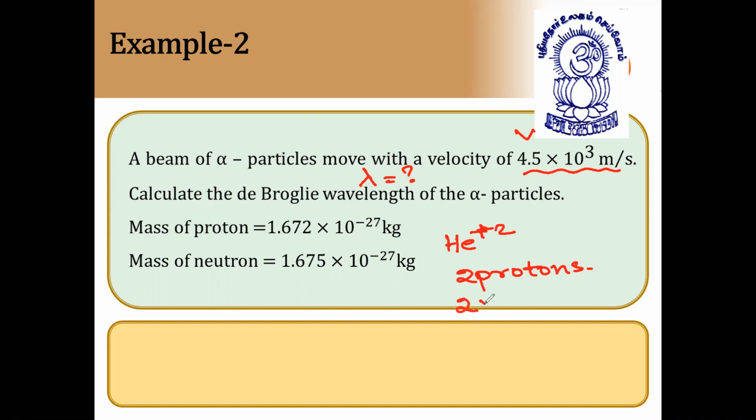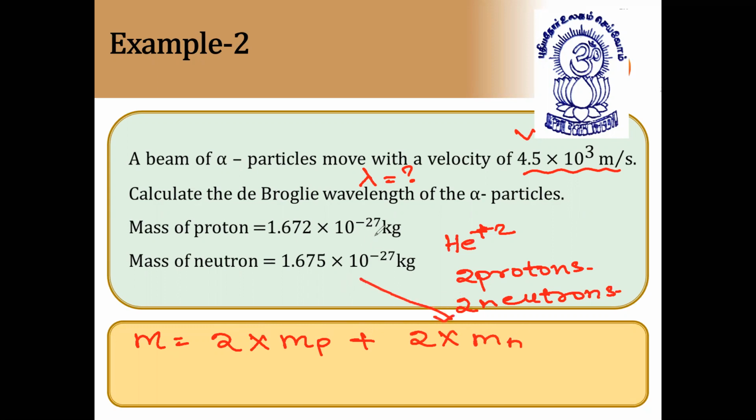In this case, total mass should be taken as 2 into mass of proton plus 2 into mass of neutron. That's why they have mentioned these two. So mass is equal to 2 into mass of proton, that is 1.672 × 10^-27, and 2 into mass of neutron, that is 1.675 × 10^-27 kg.